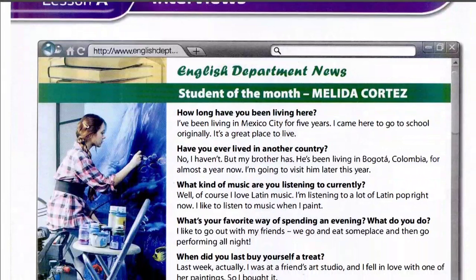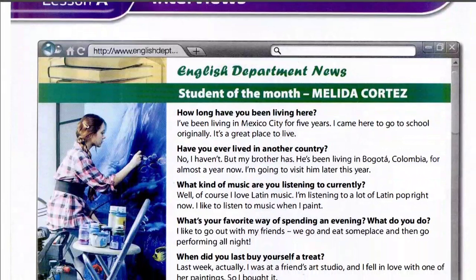Okay, so we like, love, hate, prefer. We're not going to use the present continuous with those verbs of preference. So she switches back to the simple present. I like to listen to music when I paint. Okay? What's your favorite way of spending an evening? What do you do?